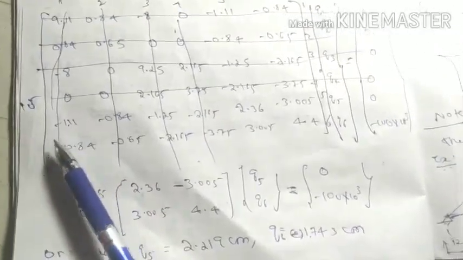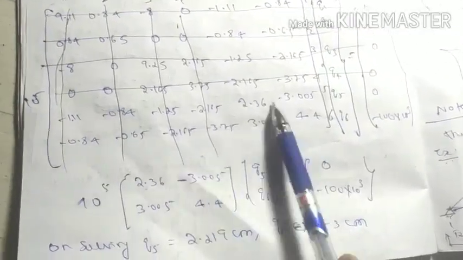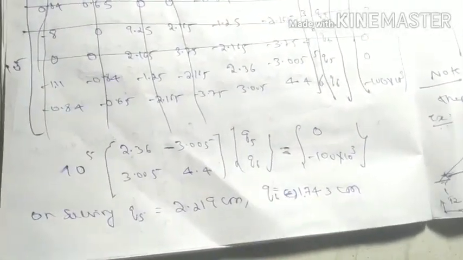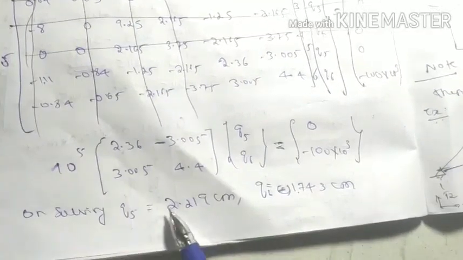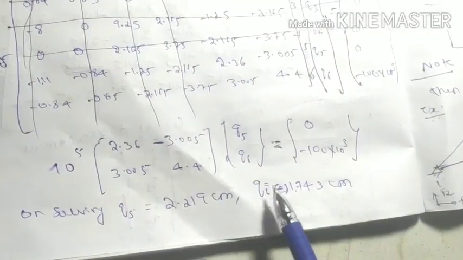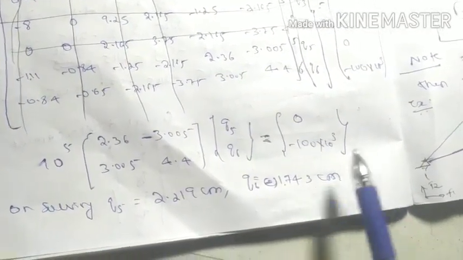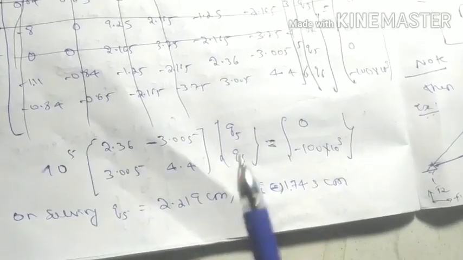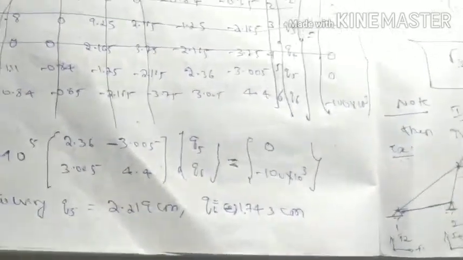That's all. Now the remaining matrix is a 2 by 2 matrix, this much. Now finally calculate Q5 and Q6. So Q5 we get 2.219 centimeter and Q6 is minus 1.743 centimeter. We substituted all the values in centimeter, that's why nodal displacement also we get in centimeter.